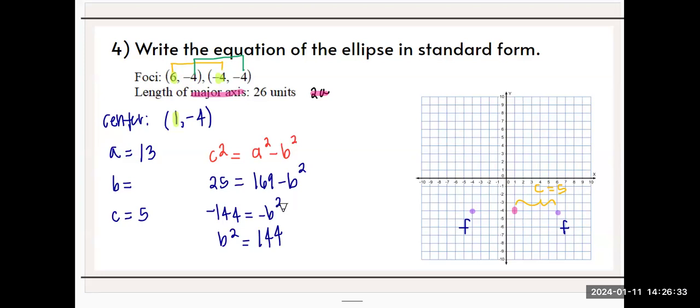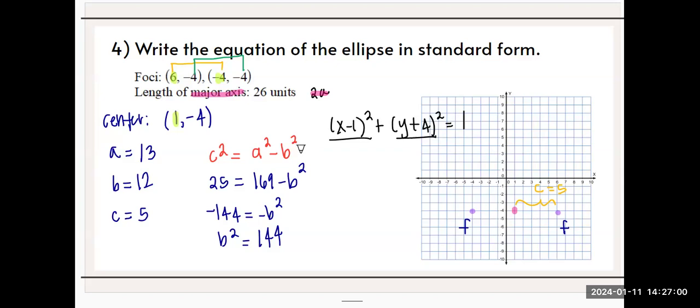C is center to foci, focus, singular. Yep. And now we're done. So let's write the equation. Okay.